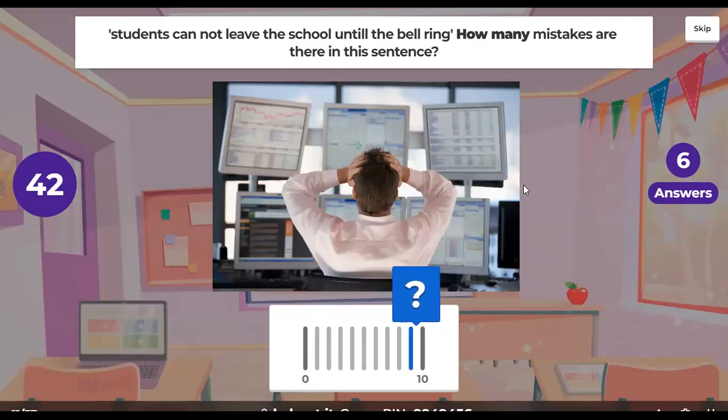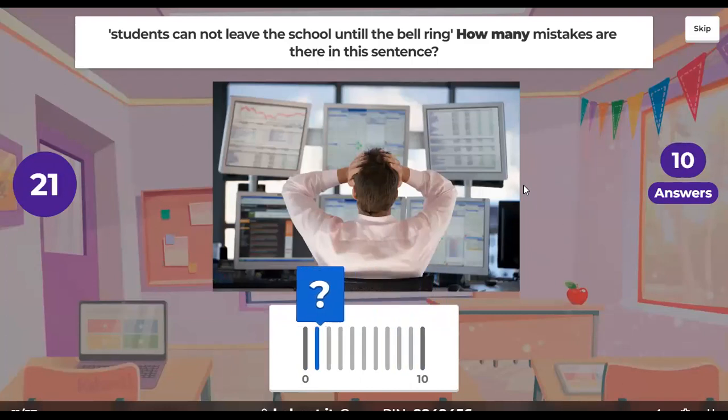So we have mistakes of capitalization, punctuation, spelling, and grammar mistakes. Okay, all sorts of mistakes. Now this will teach you how you can proofread your essay before submitting it. It's very important that you go through this stage, guys. Proofreading your essays. Try to fix the mistakes before you submit.